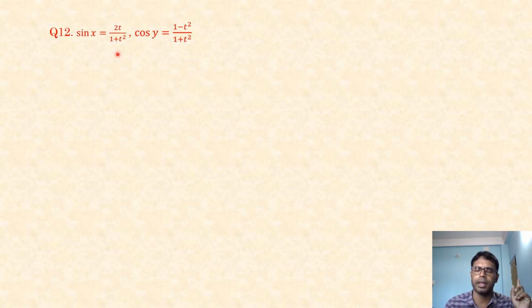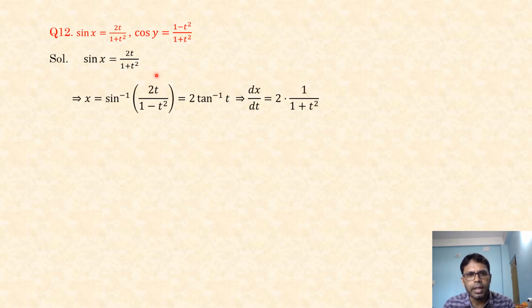You have come across this in the chapter derivative of inverse trigonometric functions. So first I wrote sin x is equal to this, so x is equal to sin inverse of this, and this part is nothing but twice tan inverse t.